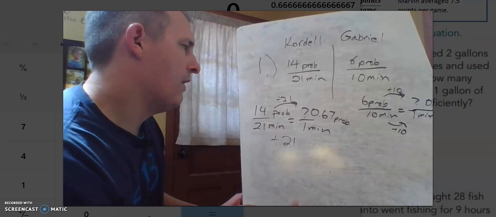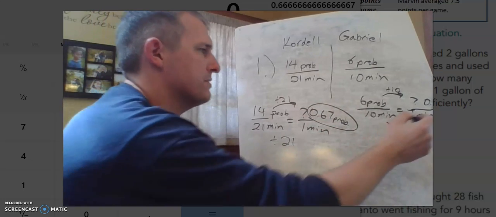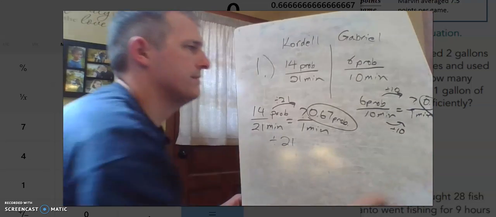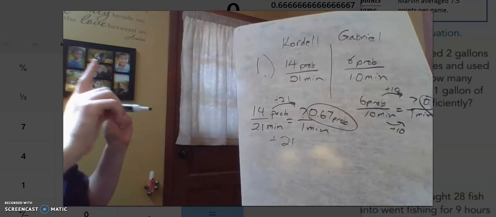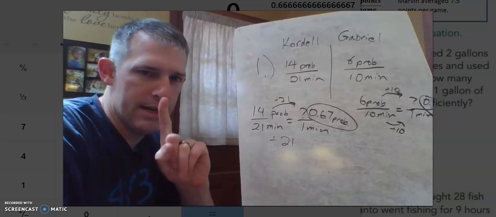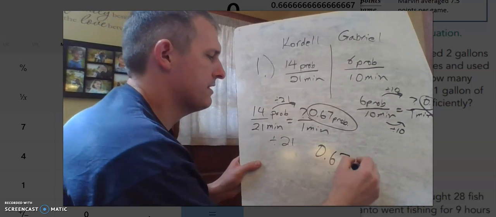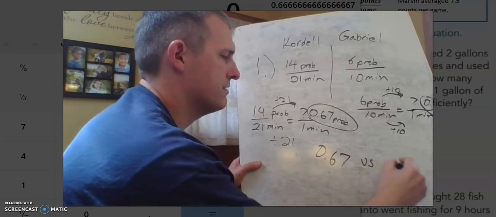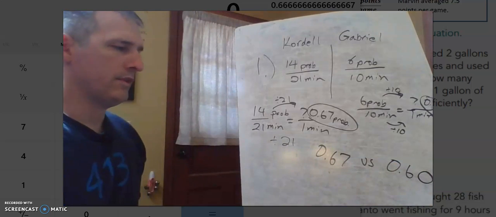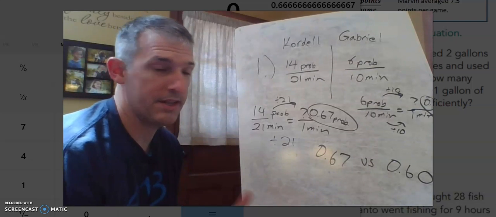Okay, so basically we're comparing 0.67 problems to 0.6 problems. And we need to decide who solved more problems per 1 minute. Okay, so we're comparing 0.67 versus 0.6, or we could put a 0 there. Which one's bigger, 67 or 60? I'd go with 67.